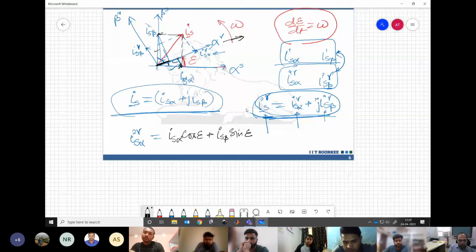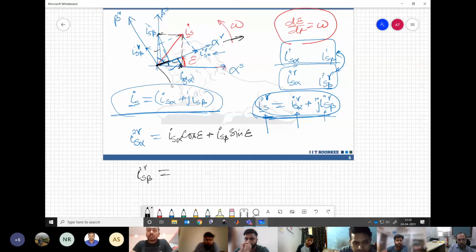Now, similarly, you can write IS beta R. Again, the projection of IS alpha, IS beta on this axis, on the beta R axis. So what this will become now, and see that alpha is having a projection on the negative side. So we will put a minus sign over here, IS alpha, and this angle is 90 minus epsilon.